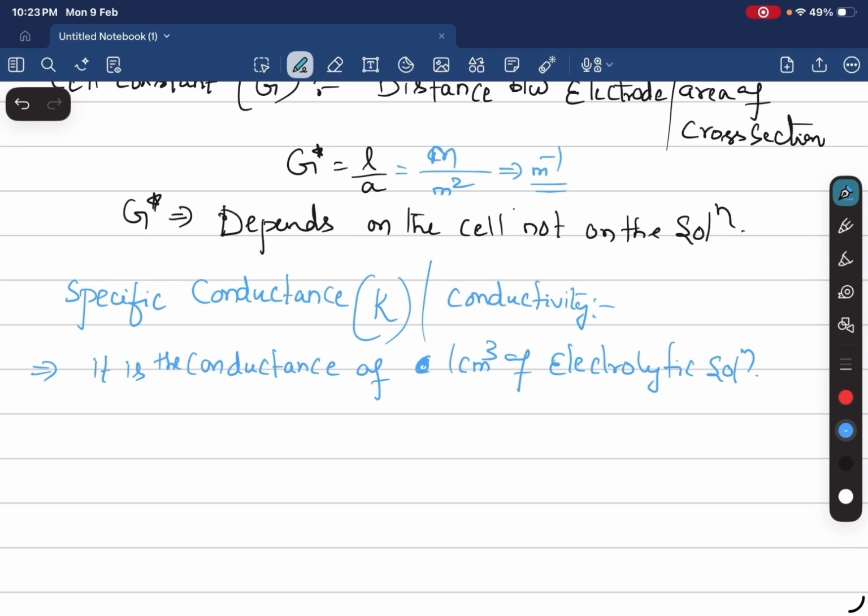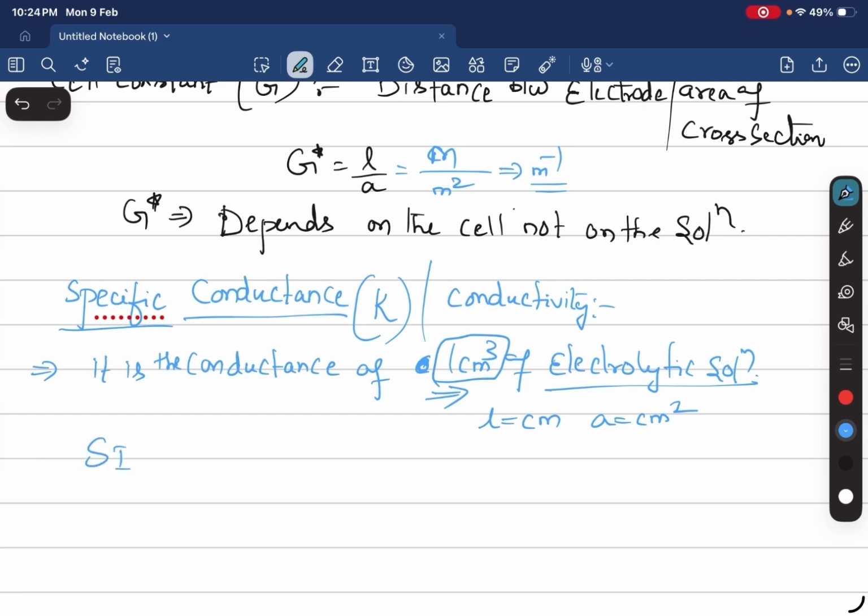So here, conductance of a solution of unit length and unit cross sectional area. So 1 centimeter cube means length is taken as centimeter and area of cross section is centimeter square. Whatever electrolyte is present in this volume, that conductance we call specific conductance or conductivity.